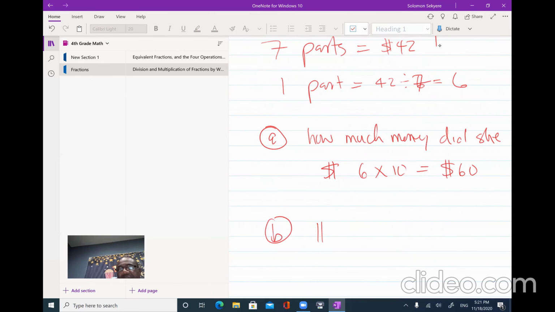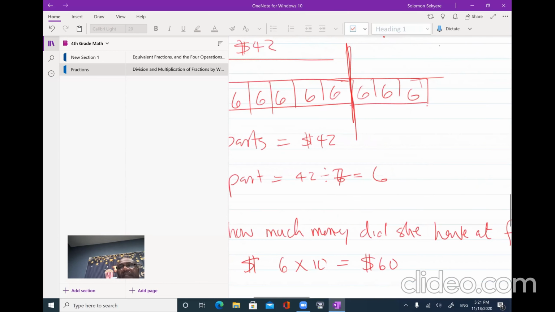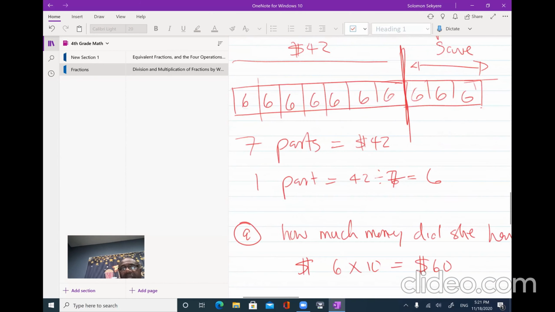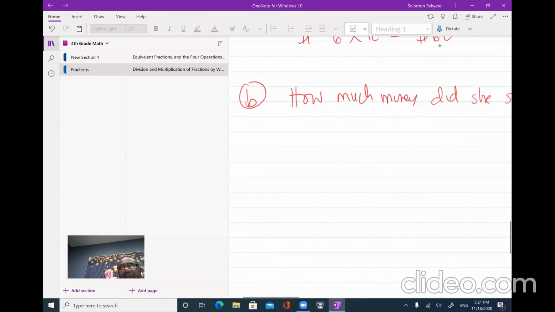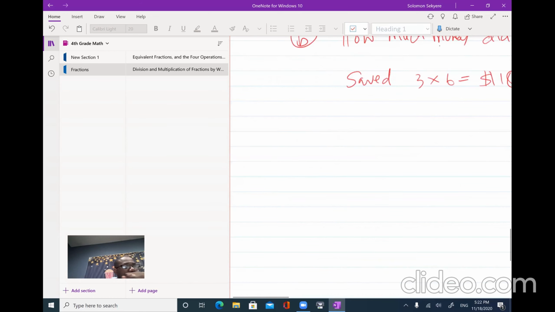She saved 3/10, which is also $18. When she saved, this is just this portion right here, right? So we're going to say saved 3 times 6 equals $18, right? Okay, let's go to question number 2 on that page.